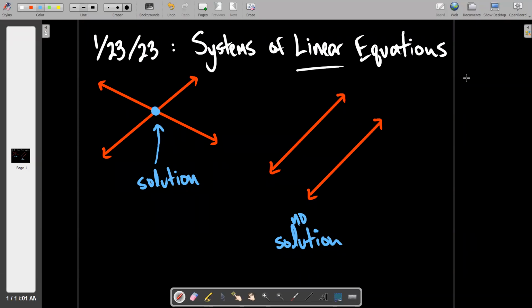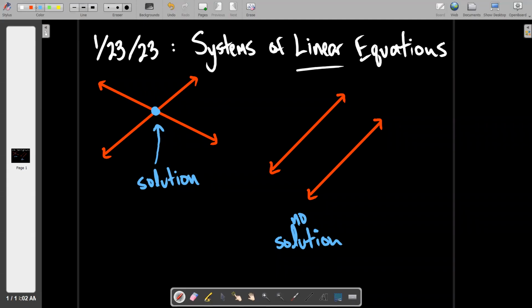Yes, that's a very good thing for you to have said. It sounds weird. Why would anyone graph two lines that are exactly the same? Well, they may not look the same. I might give you an equation in standard form, like 3x plus 2y equals 6, and then another one that says y equals negative 3/2 of x plus 3. You don't know at first glance that they're the exact same equation. Then you get to graphing them, and you're like, well, I'll be darned.